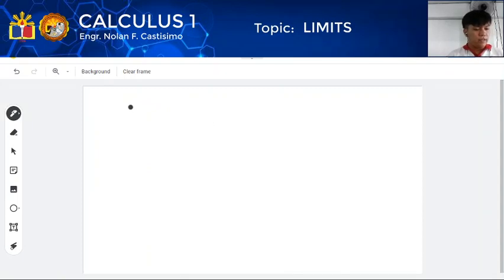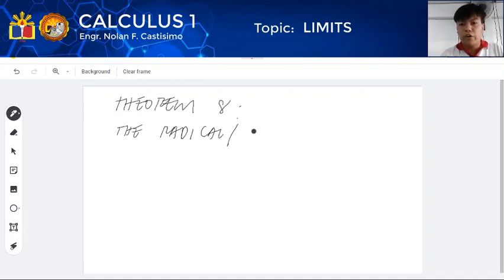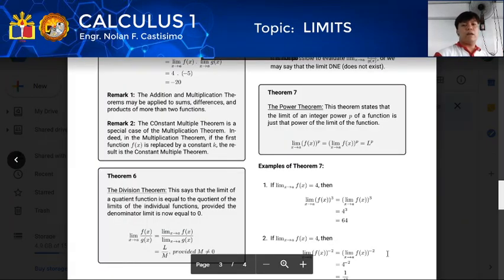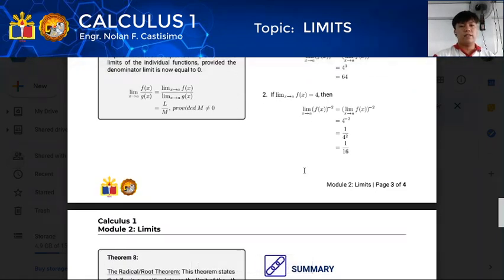Next, Theorem 8. Our last theorem. Theorem 8, or the radical or root theorem. So, anong sinasabi ng Theorem 8 natin?